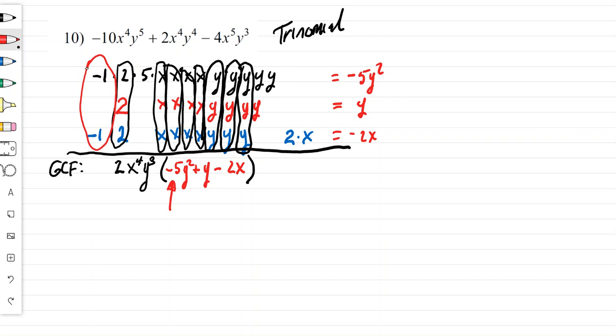So there's really no need to factor out that negative. It is okay to leave the answer at 2x to the 4th y cubed times negative 5y squared plus y minus 2x. So I will accept that as the answer.